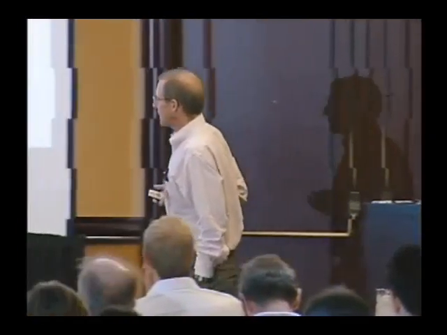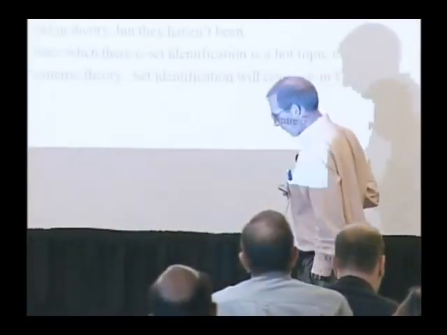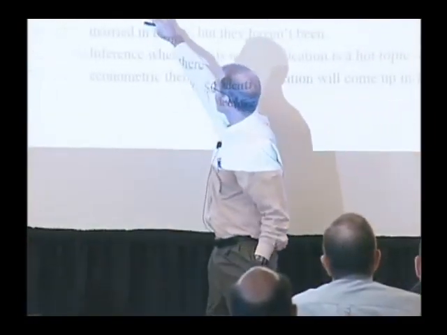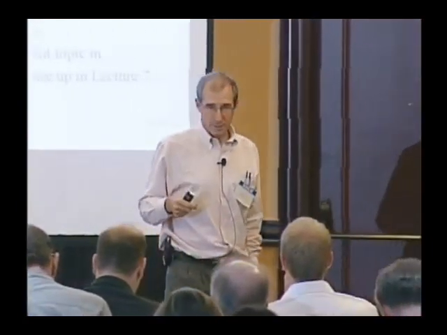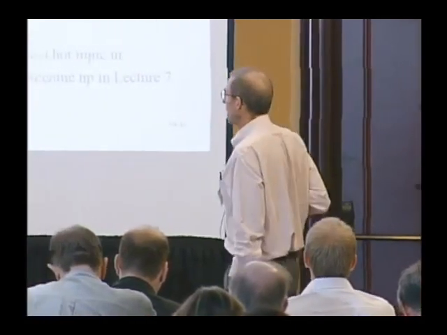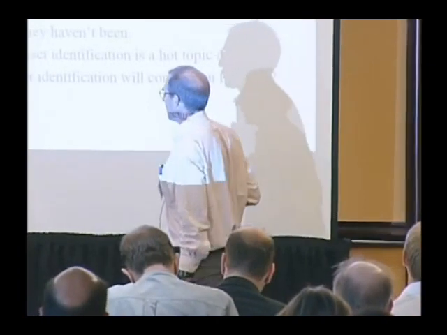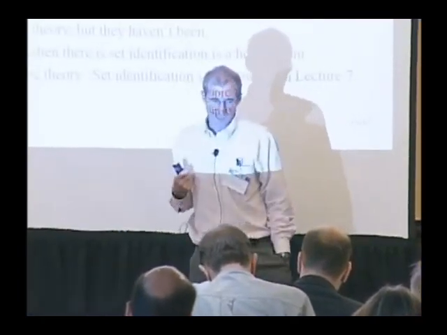And I do want to distinguish between something that really sounds similar, but it's not at all the same, which is the notion of set identification. I'll be talking about set identification tomorrow in the context of SVARs. Set identification is something that's received a lot of attention in the econometrics literature, mainly in the cross-section panel literature. It's a very interesting area, but it's really something quite different.